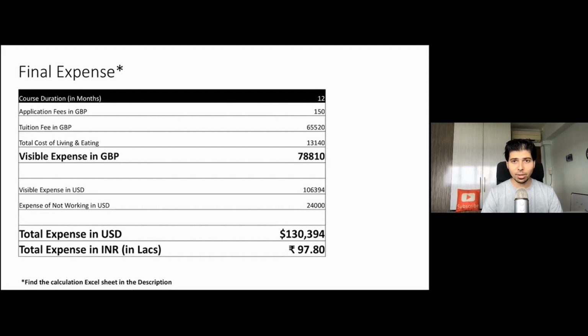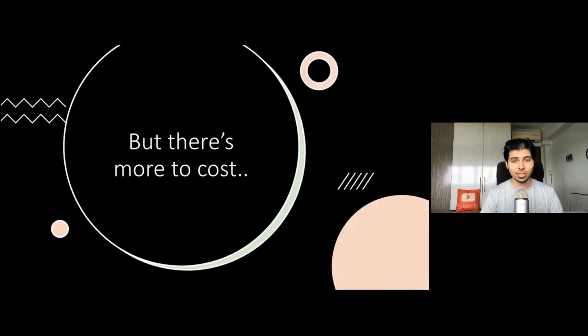So all the calculations, when we convert it into USD, it comes out to be 130,000 US dollars, or 97.8 lakh rupees. So this is the amount of money that you can consider as the cost of the Oxford MBA program.